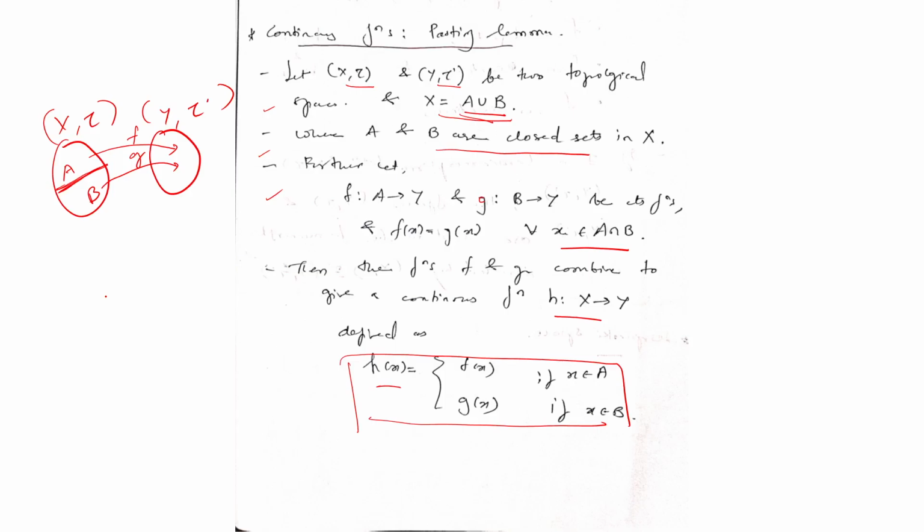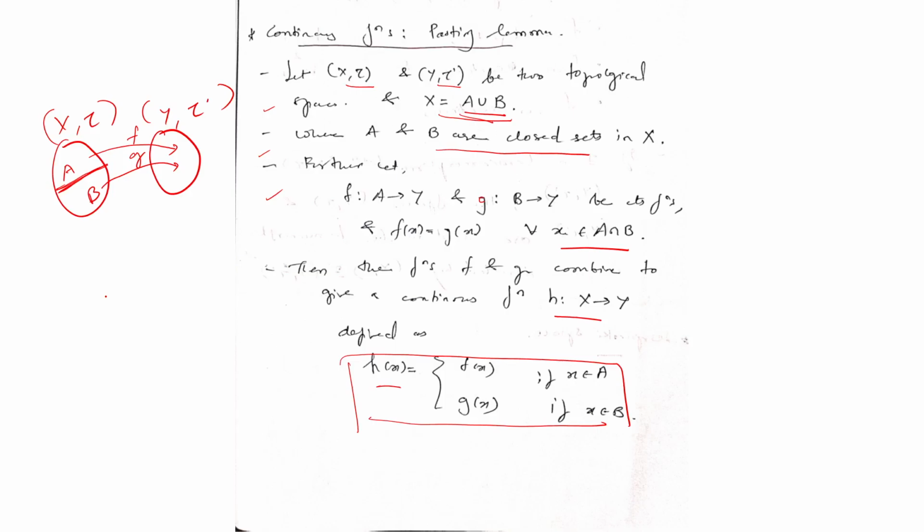I hope the pasting lemma is clear to you all. Ma'am, in terms of open sets, can you explain the pasting lemma? Same as here, where A and B are closed sets, it can be proved similarly for open sets also.